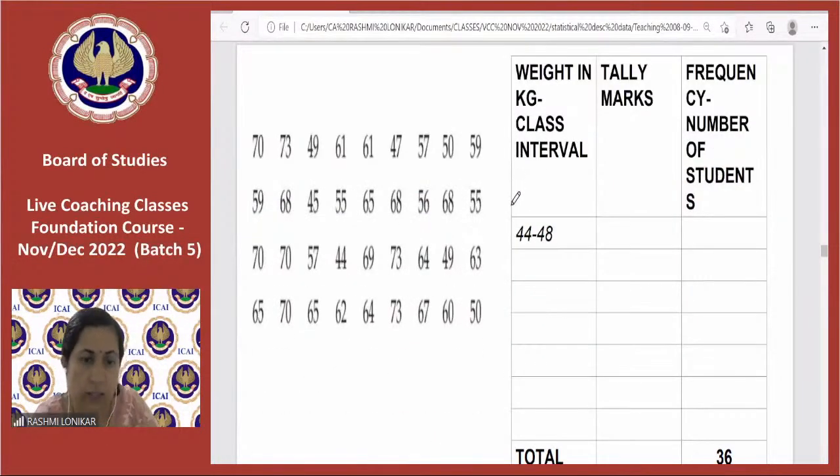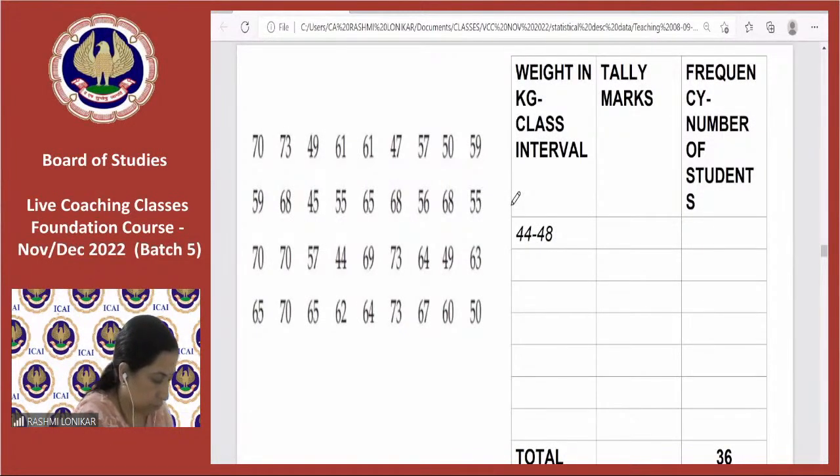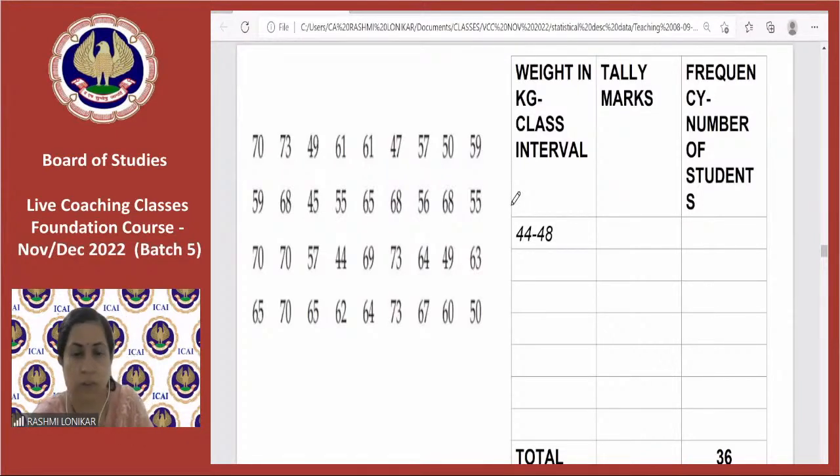Now let us form the frequency table. Can you make this frequency table on your own? I'm giving you 1 minute to try and then I will show it to you.